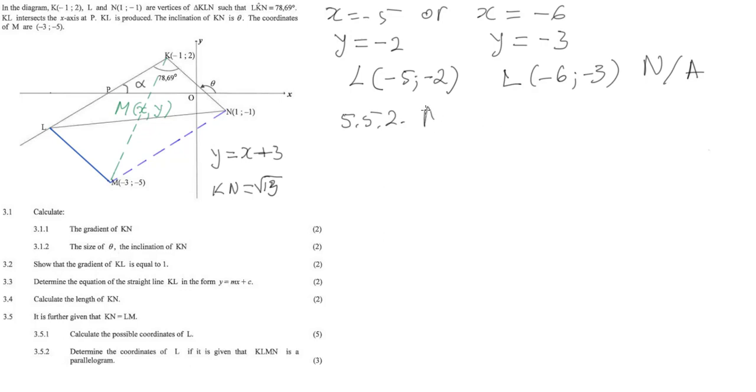Now let's use the formula of a midpoint. First of all, we find the midpoint of KL. The x of a midpoint will be x1 plus x2 divided by 2, and the y will be y1 plus y2 divided by 2. We use the formula, okay?